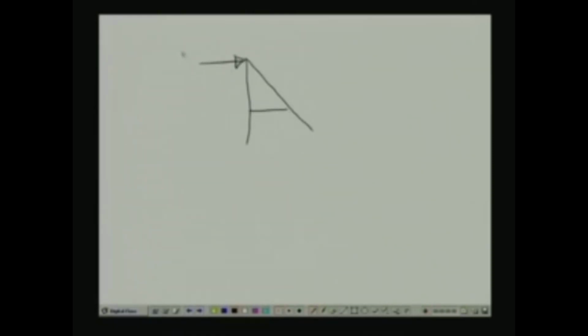Here we have 3 kilonewton, here we have 6 kilonewton. This is the member force, let us call that FBD, because this is A, this is B, this is C, and this point we have called D, and this point we have called Z.